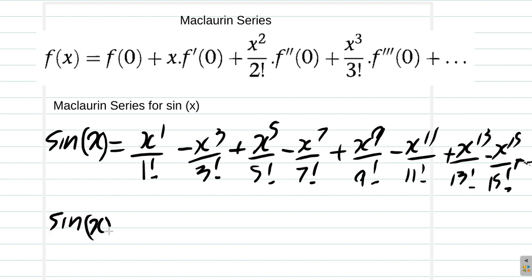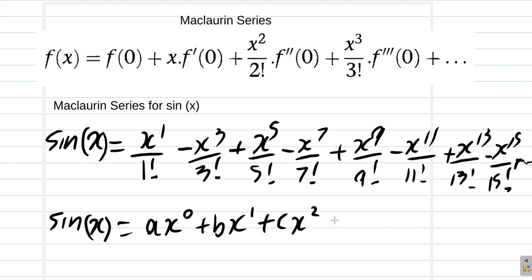The sine of x is a power series, and the power series is generally in the form a x to the 0 plus b x to the power of 1 plus c x to the power of 2 plus d x to the power of 3 plus e x to the power of 4 plus, and so on and so forth. A, B, C, D, E, and so on, those are constants.